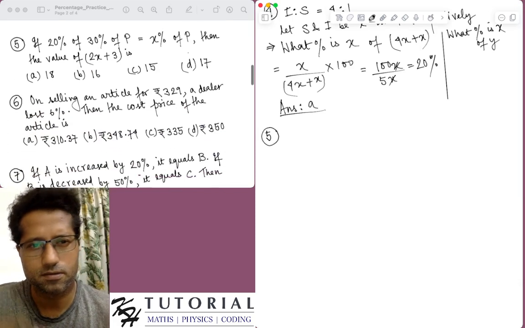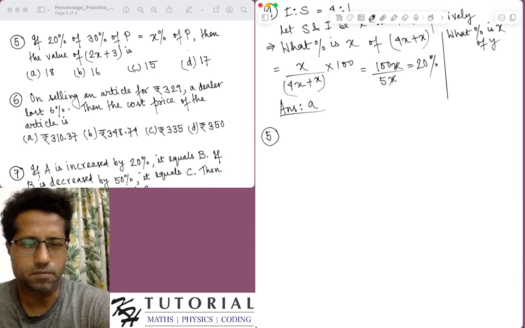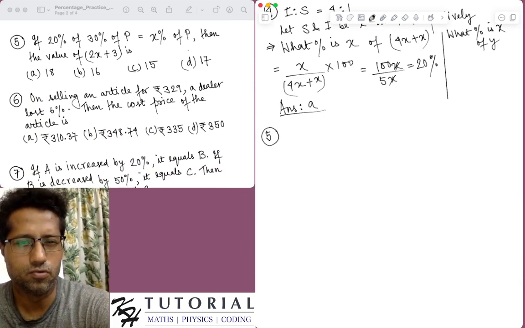Question number 5 says, if 20% of 30% of P equals x% of P, then the value of 2x plus 3 is.